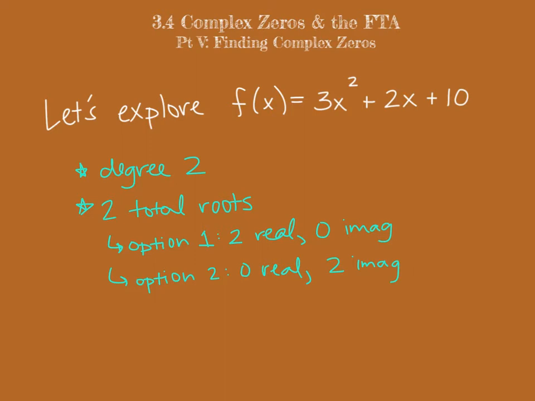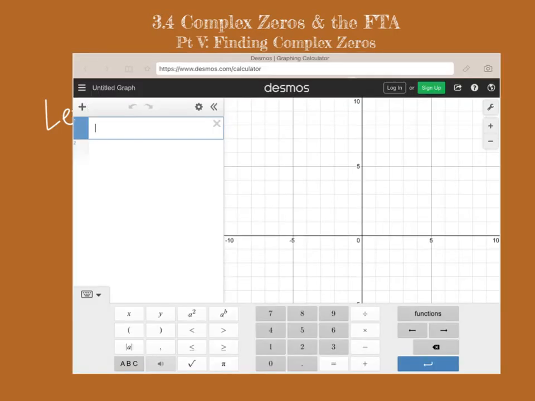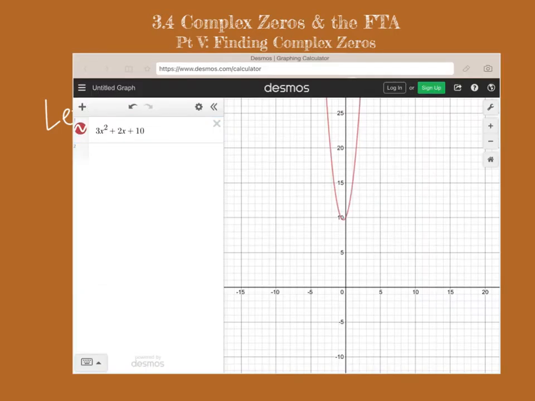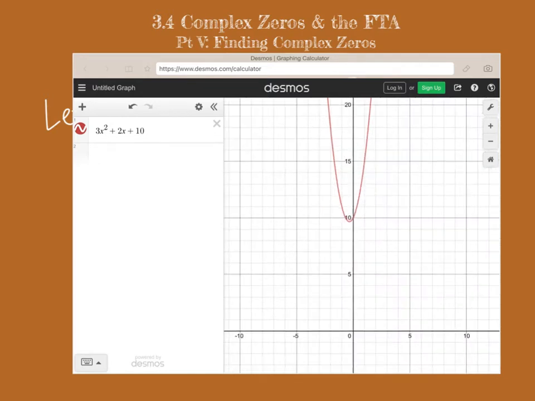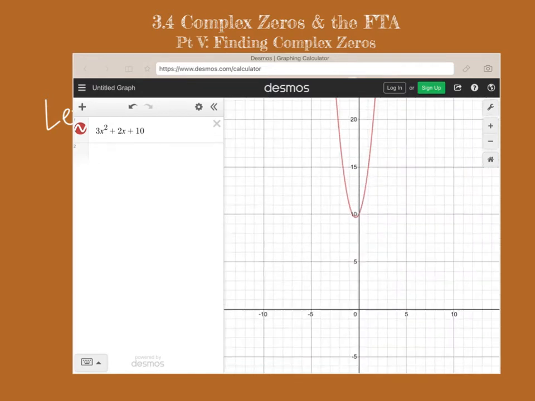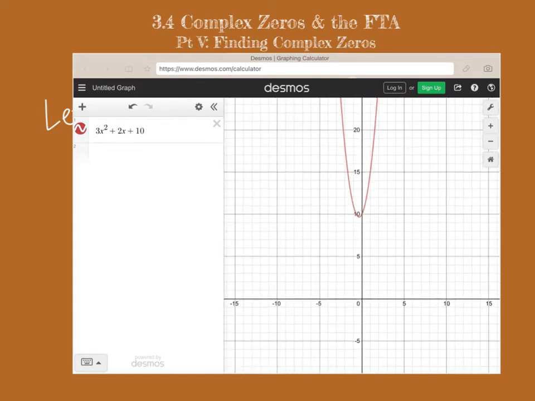Now before we get into anything more algebraic, let's just take a look at what this function looks like, and that'll allow us to determine whether they're both real, meaning they'd hit the x-axis, or they're both imaginary, meaning they don't. I have graphed f of x, and we can clearly see that no part of our parabola hits the x-axis. Therefore, the roots are both imaginary.